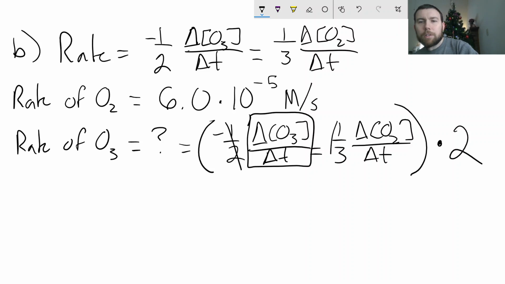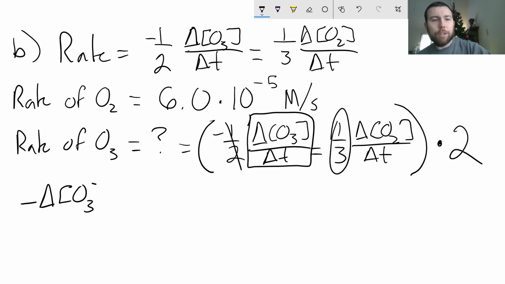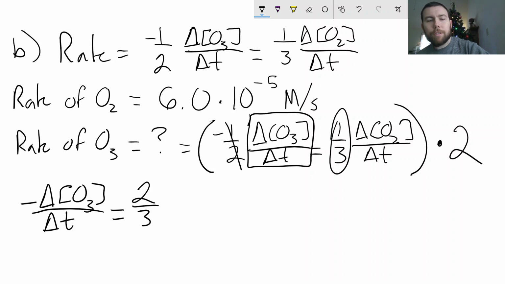And then this is going to change, right? So now we can come down to the bottom that we're going to have negative the change in concentration of ozone with respect to time, the change in time, is going to be equal to 2/3 times the change in concentration of O2 with respect to time.